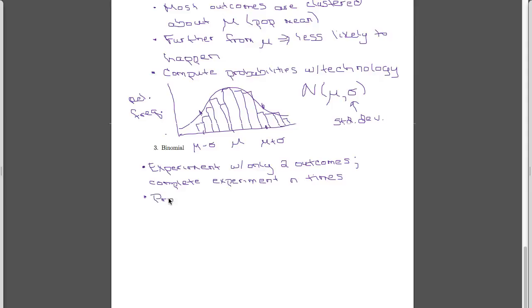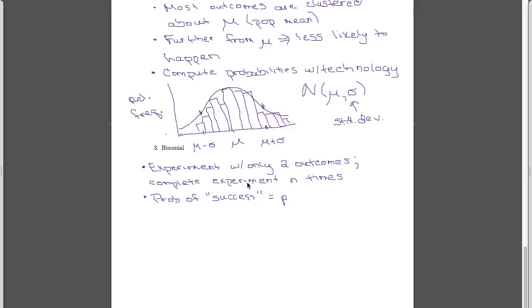The outcomes we often refer to as either successes or failures, just because there are two of them, and it doesn't have to be that one is necessarily better than the other. It's just usually a success is what we're interested in seeing for some reason, and a failure is just whatever else. The probability of a success we denote with lowercase p, and we assume that this is a fixed probability.